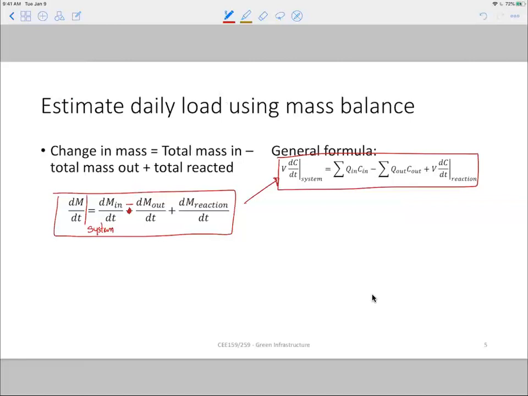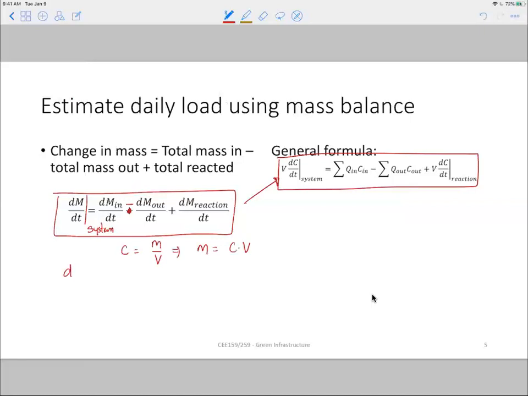First thing, we know that concentration is basically mass over volume. So that means we can change mass to concentrations if we know the volume. So if we write this one, rearrange it, it's mass equal to concentration times volume.